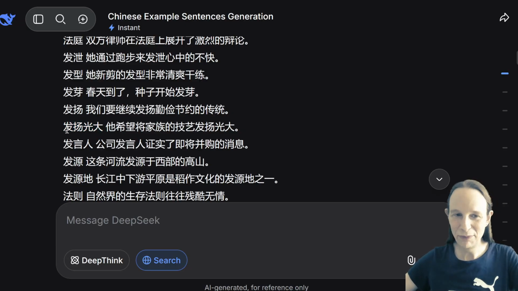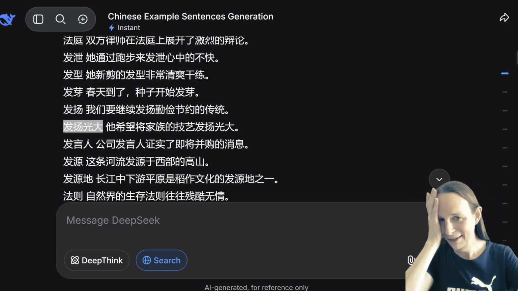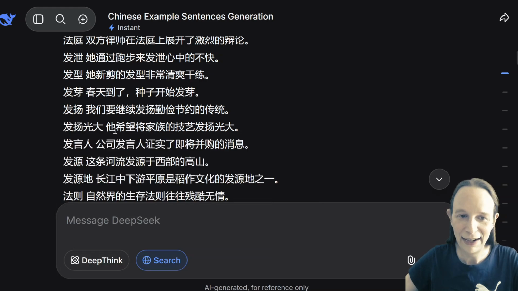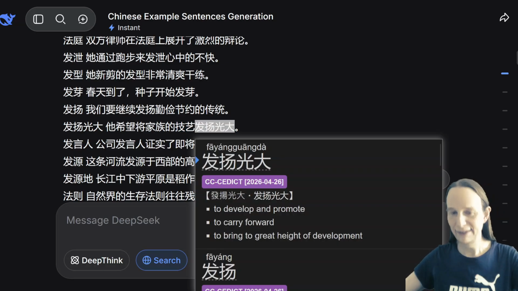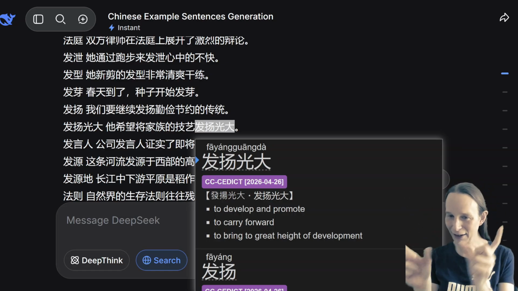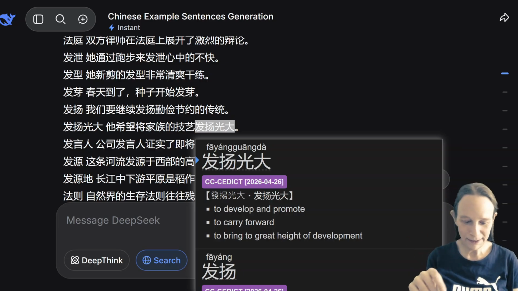So this is kind of promote and drive or something like this. What was it? Develop, promote, carry forward, bring to a great height of development. Right. 他希望将家族的技艺发扬光大. But develop, promote. Yeah, I think take those two and mush them together. It's that. Yeah. All right.